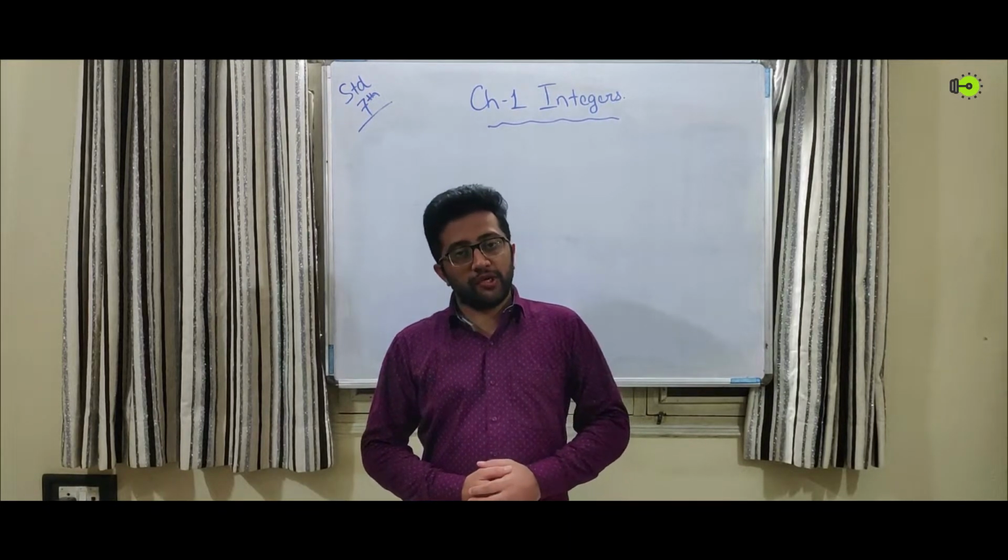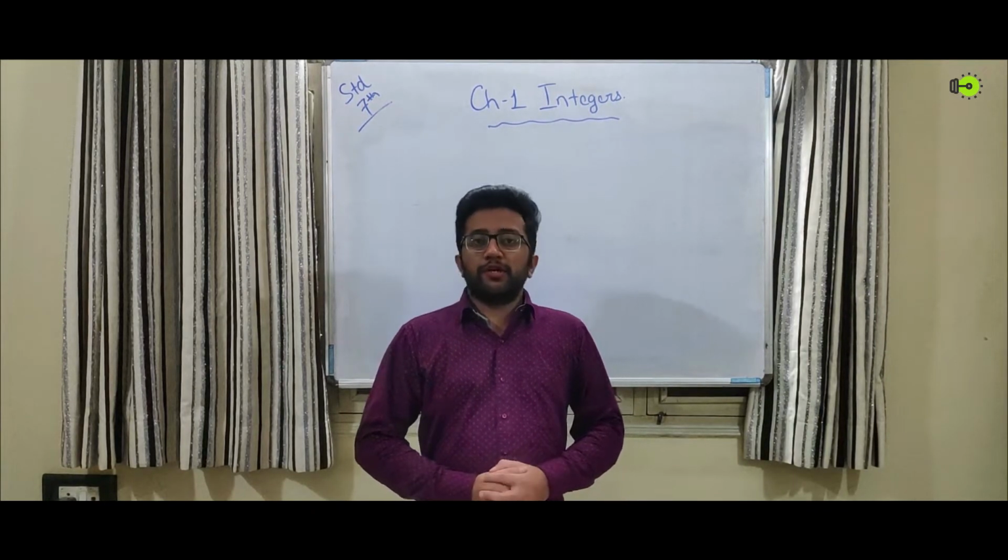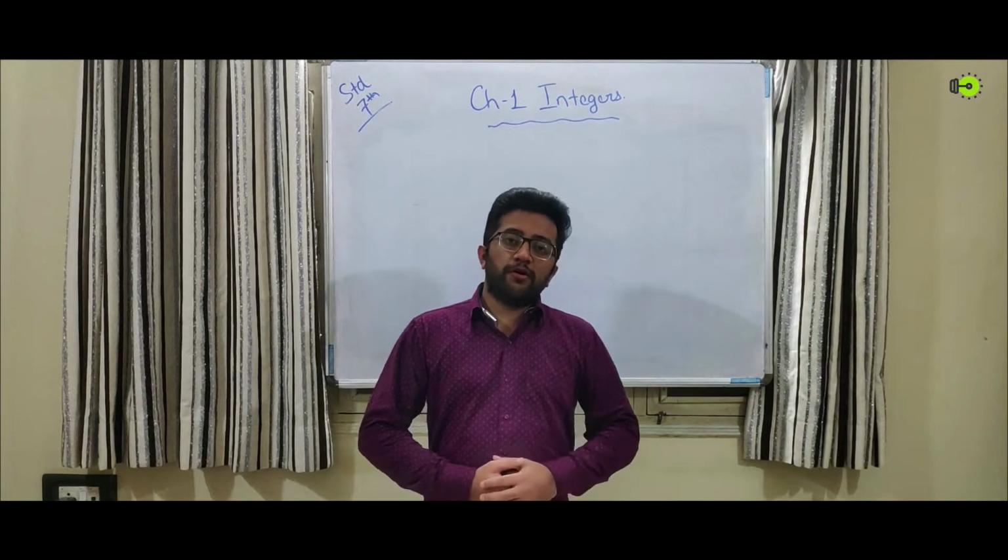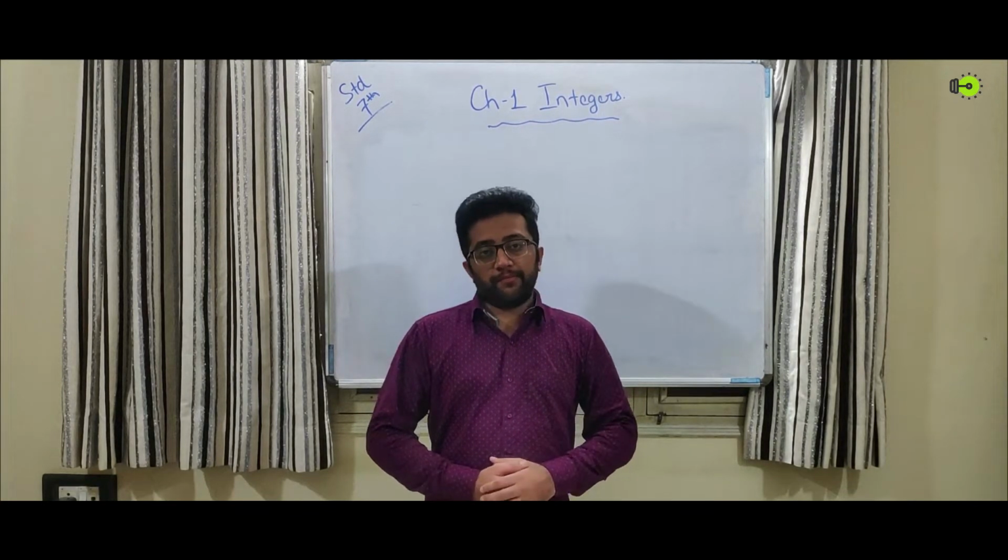Today we'll be covering chapter number 1 of 7th standard, that is integers. Before starting this chapter, we need to study other types of number which are involved in the same.